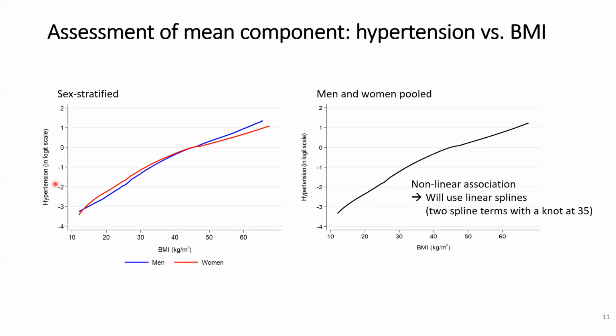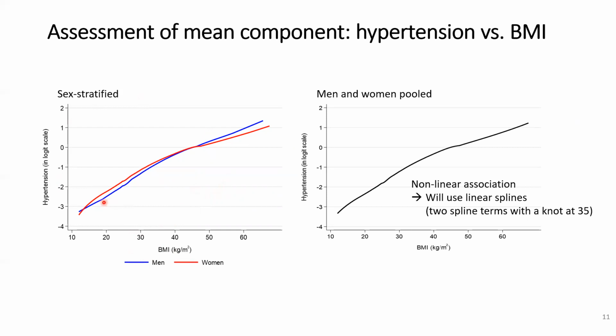Now we finished with age and sex, and we want to assess the association between hypertension and BMI, which is a continuous variable. This graph shows the association for men and women.